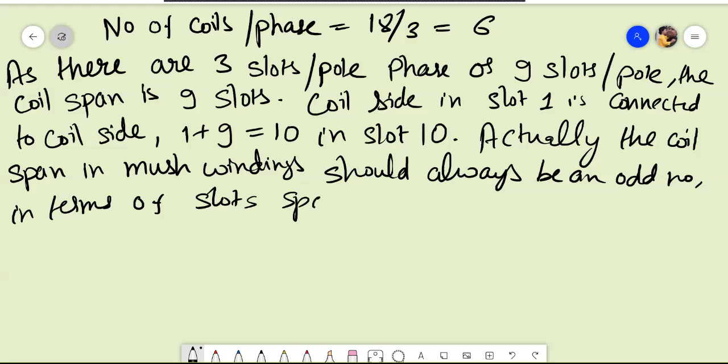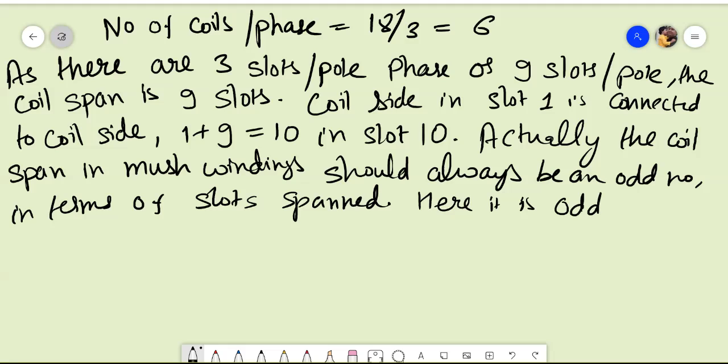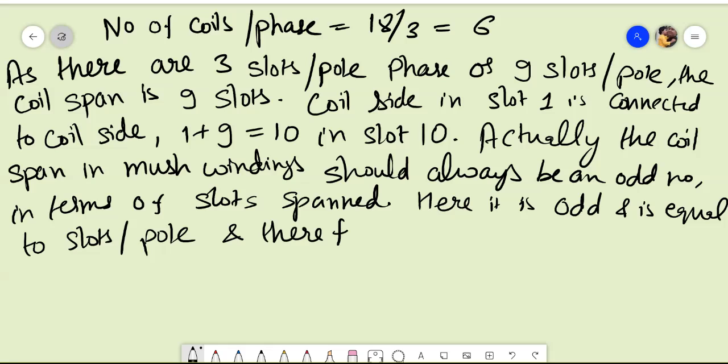Therefore, it will be odd. Here it is odd and is equal to the slots per pole, and therefore the coils are full pitched.